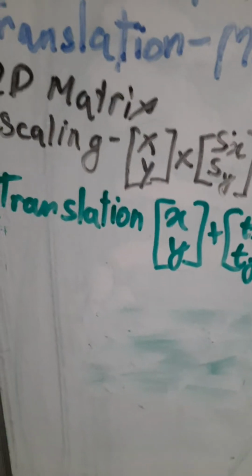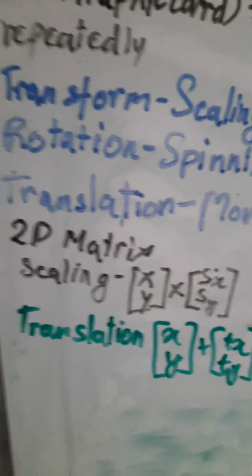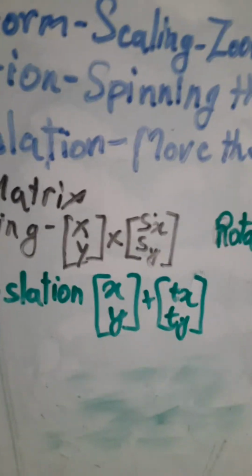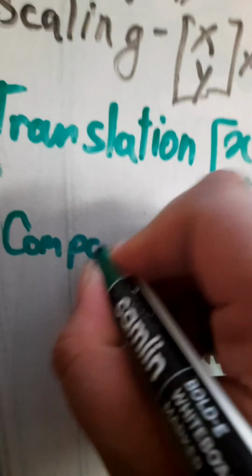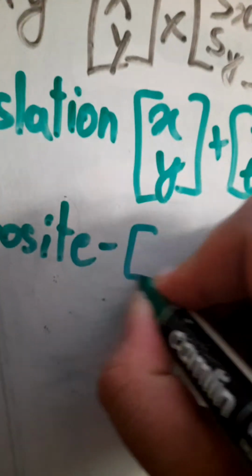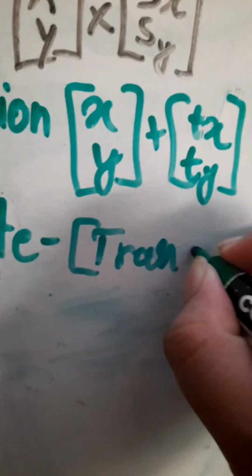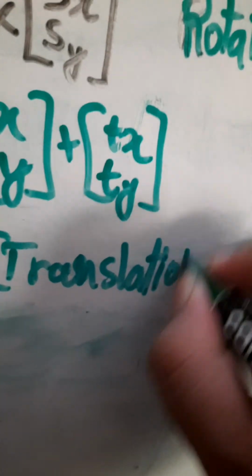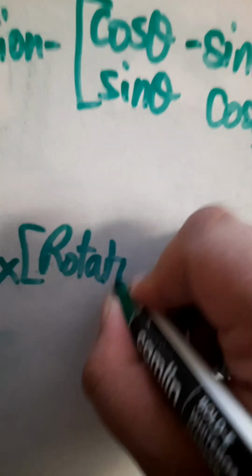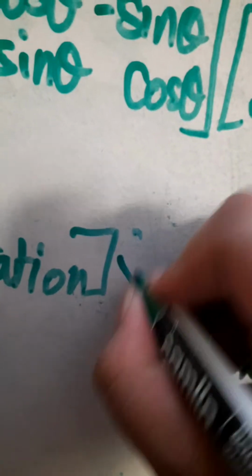So like that. But the problem is my GPU, like any GPU or graphic card, can do scaling and rotation, but these are transformations that should all happen together. So the composite should be translation multiplied by rotation multiplied by scaling.